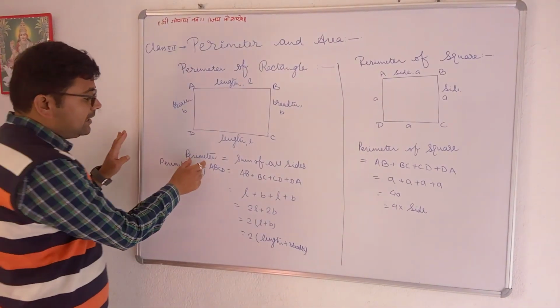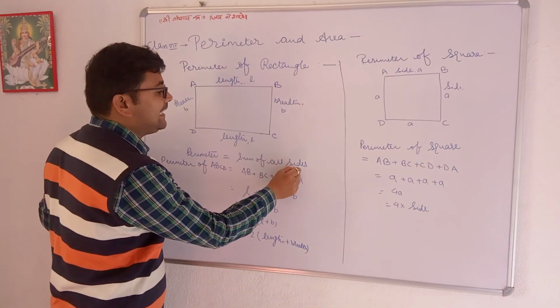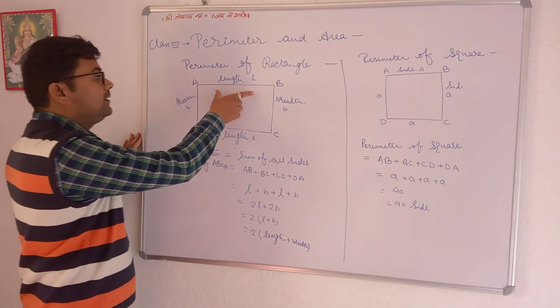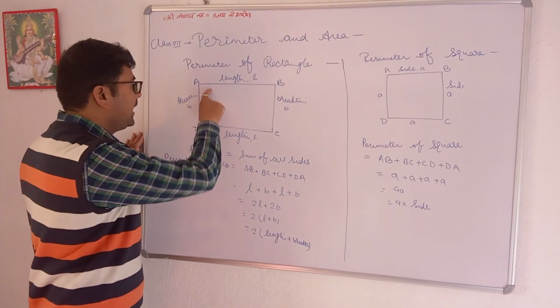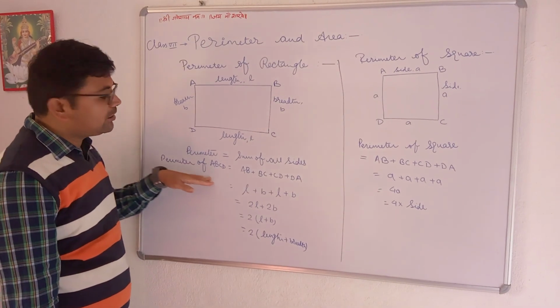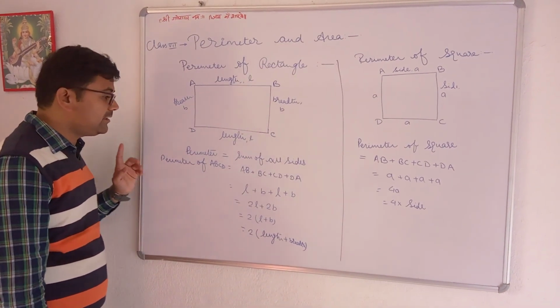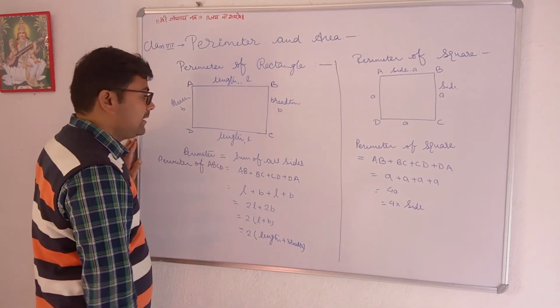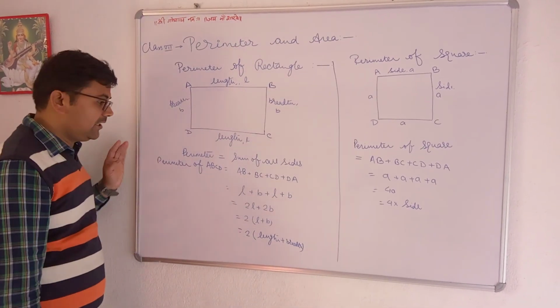Therefore, perimeter is equal to the sum of all sides, and in any rectangle there are four sides, and those are AB, BC, CD and DA. Therefore, I have written perimeter of ABCD will be AB plus BC plus CD plus DA as discussed earlier.